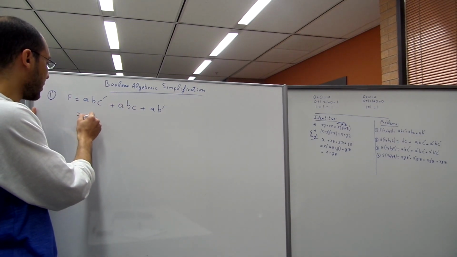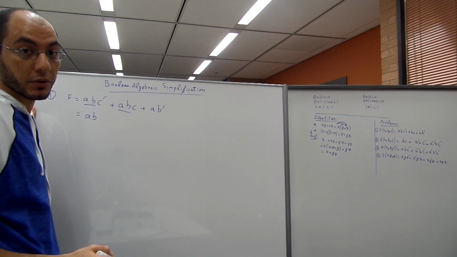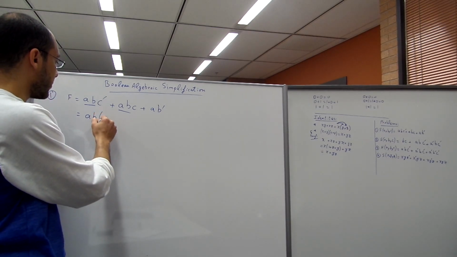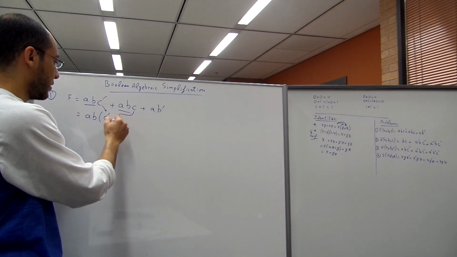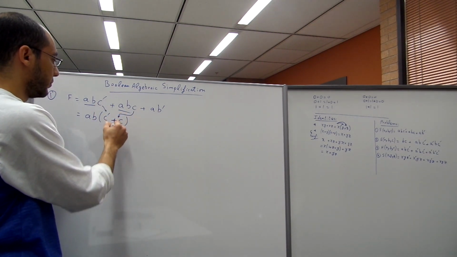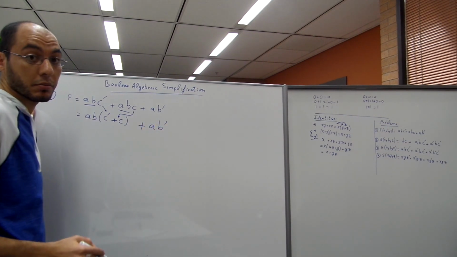So I'm going to factor out this AB. What is remaining from the first term is C bar, and from the second is C. And then the remaining term is A B bar.